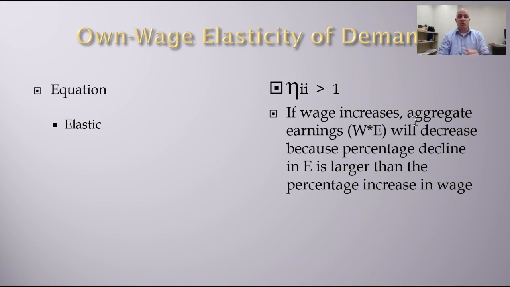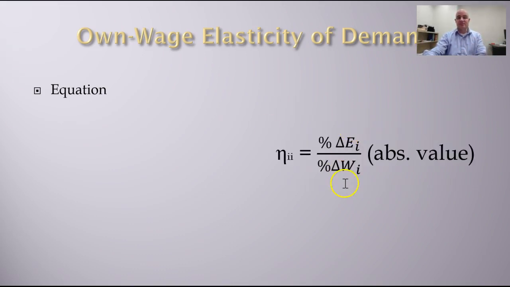Just as with other elasticities, the same can be said with wage elasticity of demand. If it's greater than 1, again in absolute terms, we say that it is elastic, meaning that employment demand is very responsive to changes in wages. That means as wage goes up, employment is going to go down by a larger percentage.